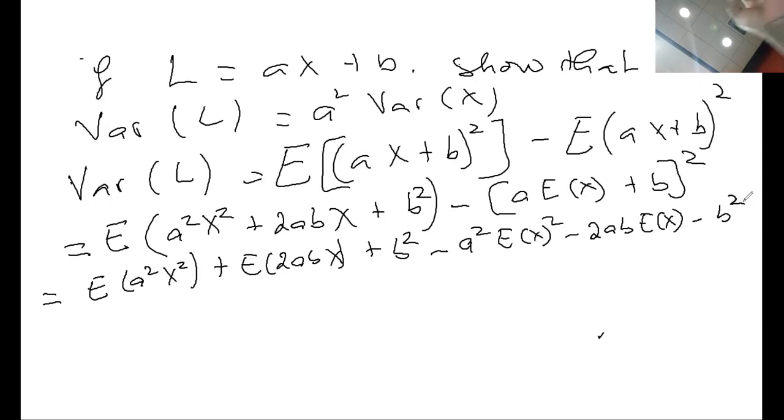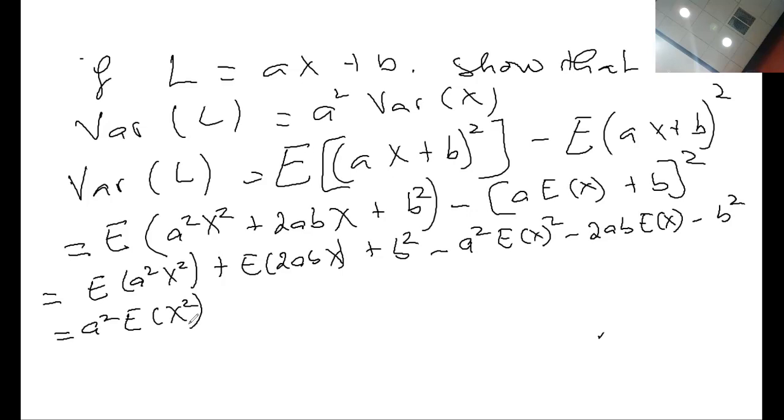I saved time doing that. I just put the minus, but just square a E of x plus b. a E of x stands as one term, b is the second term. I square it using this property of squaring. So having that, this is a squared E of x squared.